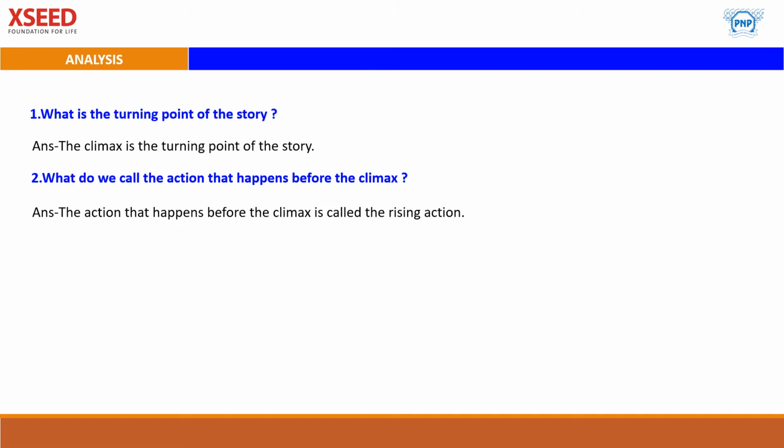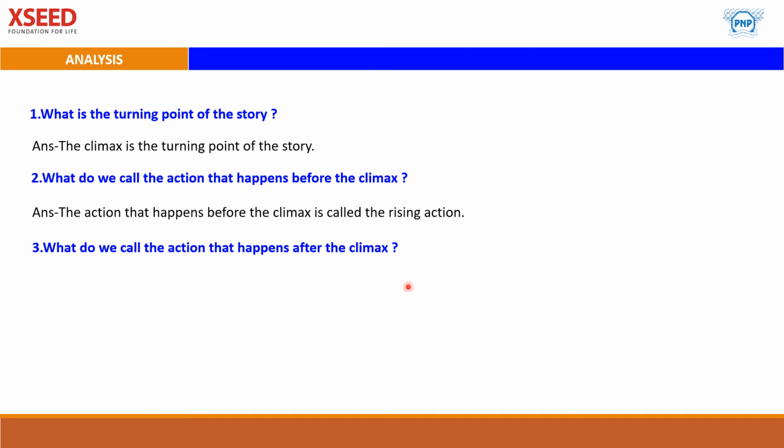First was the rising action, then the highest point was the climax, and the third was the falling action, correct? So, what do we call the action that happens before the climax? It is called the rising action.